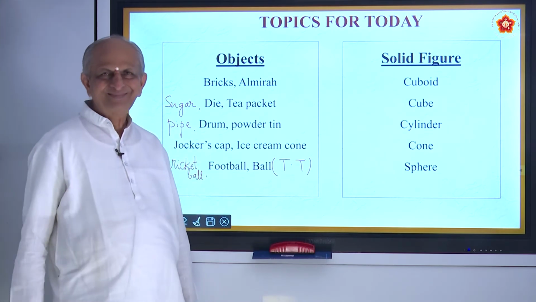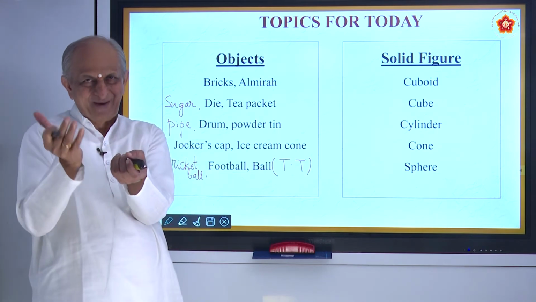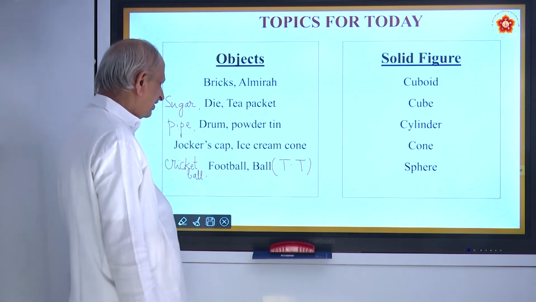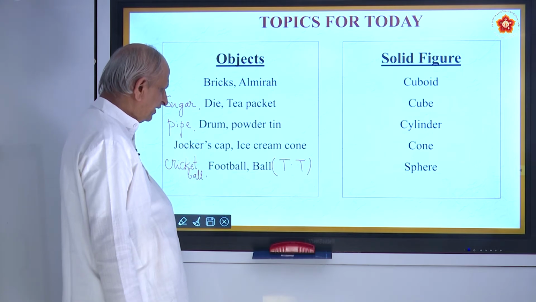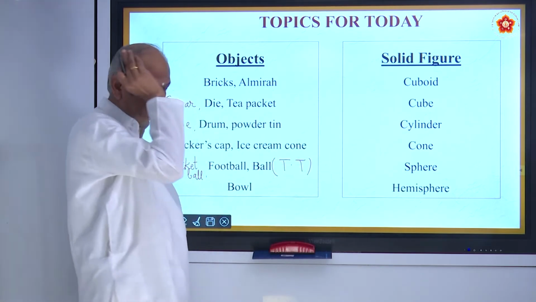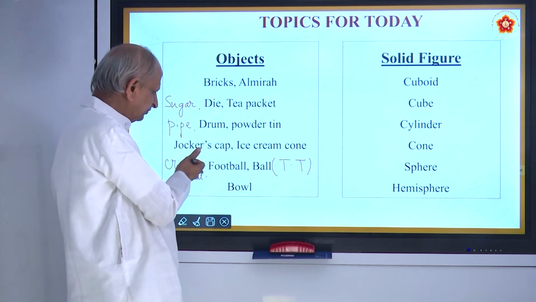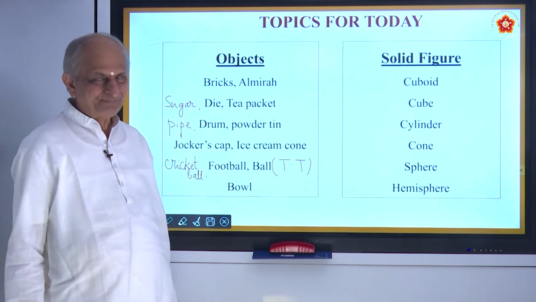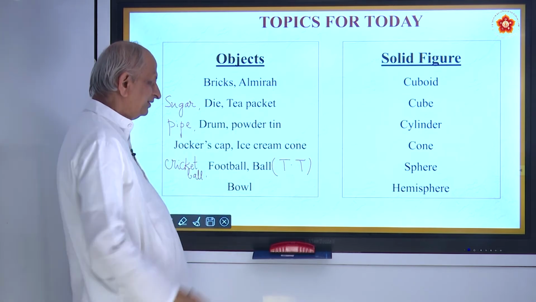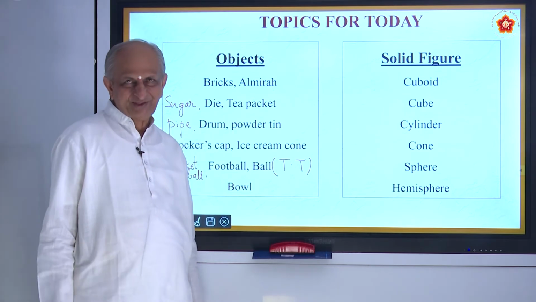You have seen it? If you remove the cap, the chocolates will be got. They are all spherical in shape. And also, if the sphere is cut into two, you get a hemisphere. Even a tennis ball, if it is cut, becomes a hemisphere, right? So these are some of the objects you see in daily life.